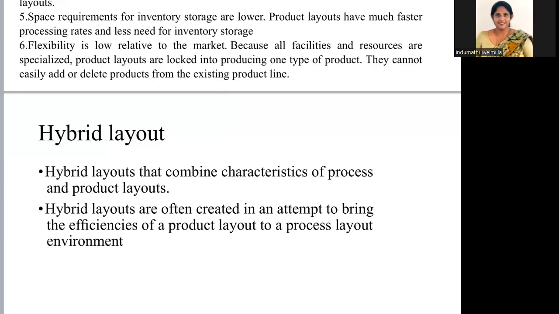From that, the store is also designed to consider a path for a sequence of purchases in a straight line fashion, making it similar to the product layout, right? So we can understand this hybrid layout, I think, clearly.